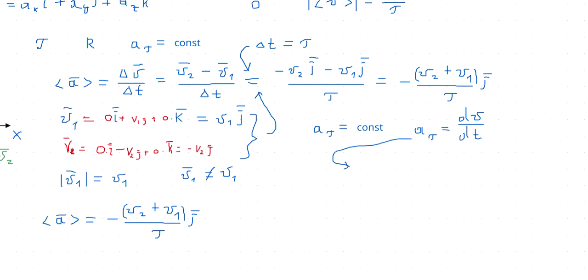So from here we will obtain dv is equal to a tau dt. This is a simple transformation, but here variables are separated.